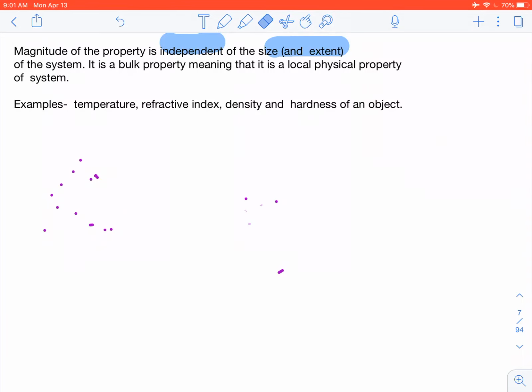Right. Then we look at the idea of refractive index. Refractive index is also an intensive property. And like I said, you're going to be dealing with refractive index in grade 11, but I will just illustrate it slightly here. Let's say we have a sample here.